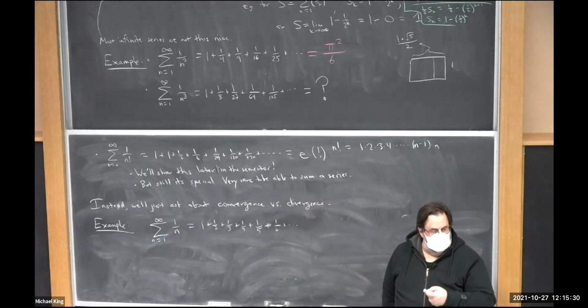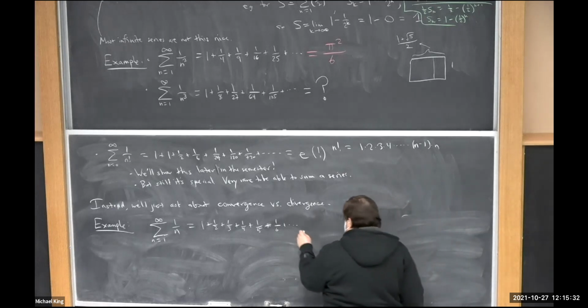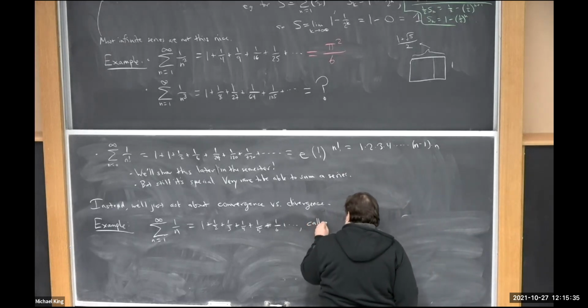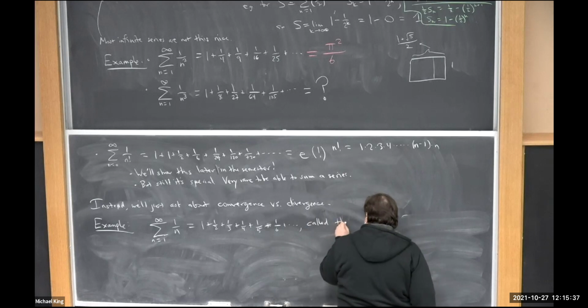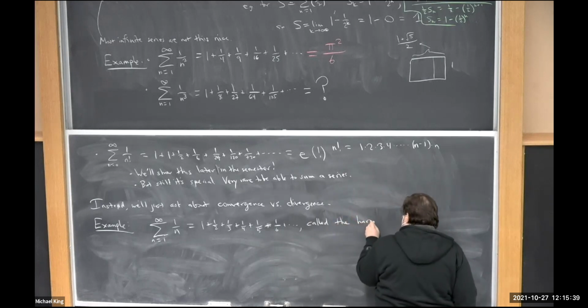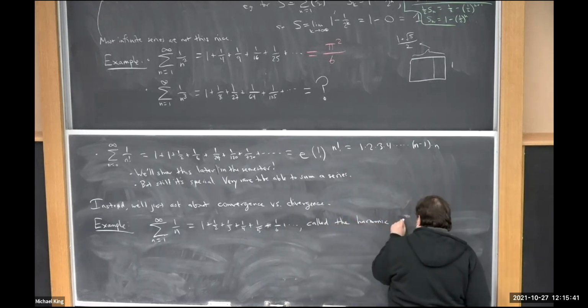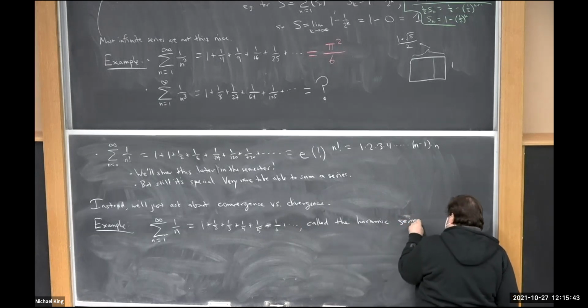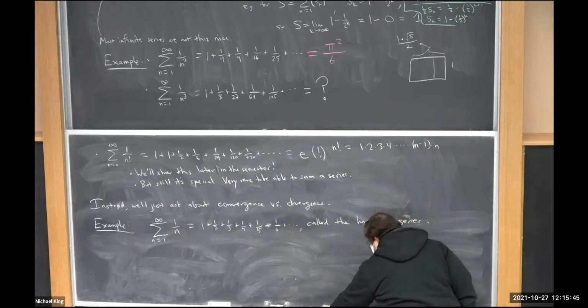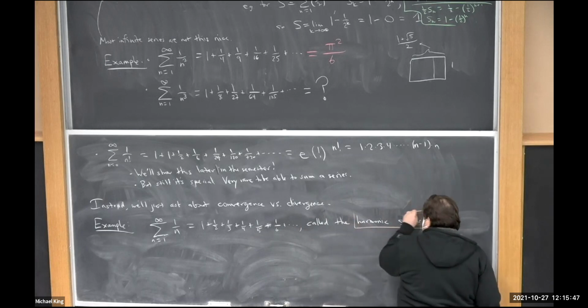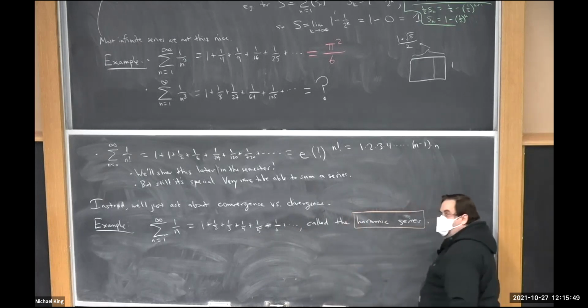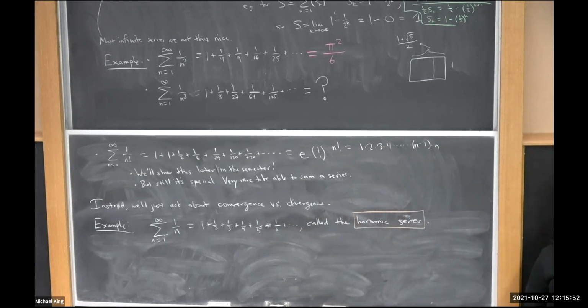This is a famous series. It's called the harmonic series. It's got a name. I meant to look up why it's called the harmonic series, because I used to know and then I seem to have forgotten. But maybe I'll remind myself, or you guys can Google it.